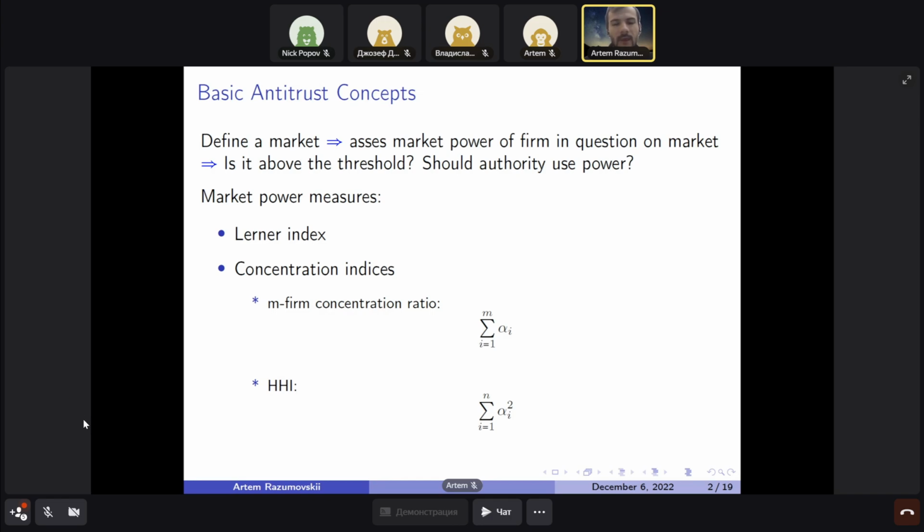Then if you have one huge firm which takes, for example, half of the market, then HHI will be higher, and so they can think about some threshold which measures how monopolistic our market itself is.